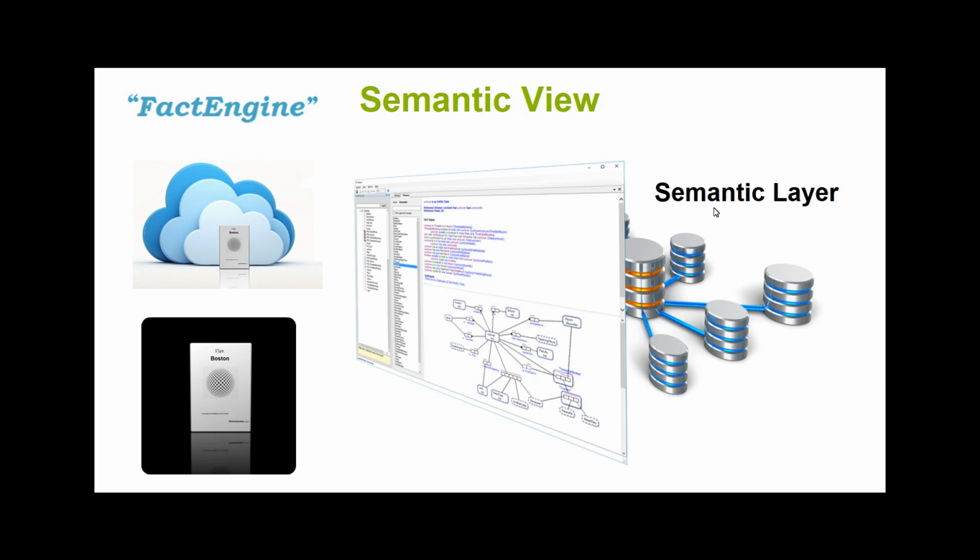With your semantic layer or your chosen database for your data vault or your databases for your data lake, etc., there's an extraordinary amount of investment that goes into setting those things up and maintaining those, compared with at least the purchase price of Boston and FactEngine. If we factor in the time to develop your corporate model and look at the risk that's involved there, let's go back to Boston for a second.